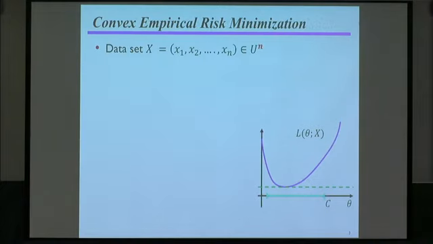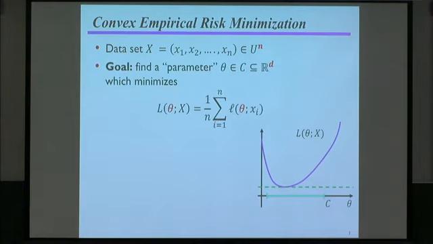So somewhat more abstractly, following up on our setup yesterday, our data set is a collection of n points in some universe U. Now we're trying to find some parameter vector theta, and theta lives in some set C in real space. That set C could be all of real space, or it could be constrained to some subset, depending on the particular problem. So if we had a constraint, here's my constraint.